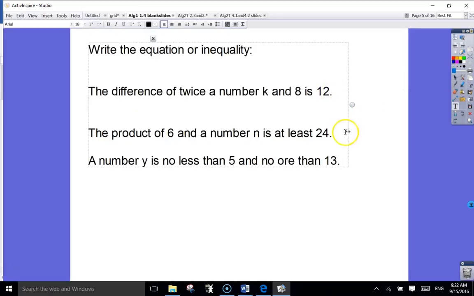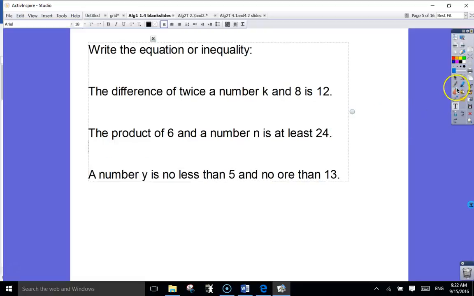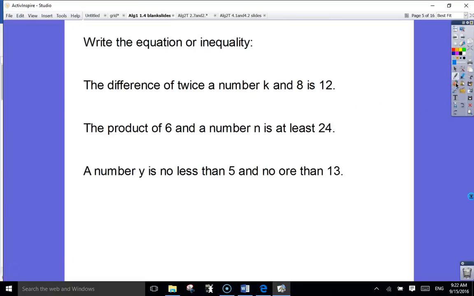What does the difference mean? Yeah, subtraction. So it's a difference. Overall, it's a difference. But they're saying it's a difference of, right? What's going to go in front of that subtraction? Twice a number k. How do I write that? 2k and 8.